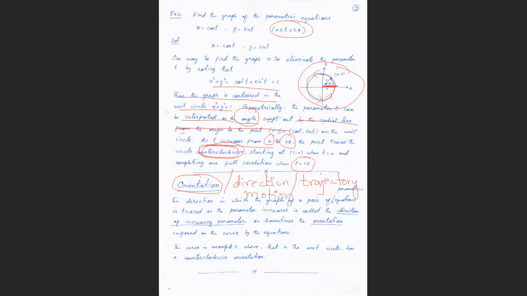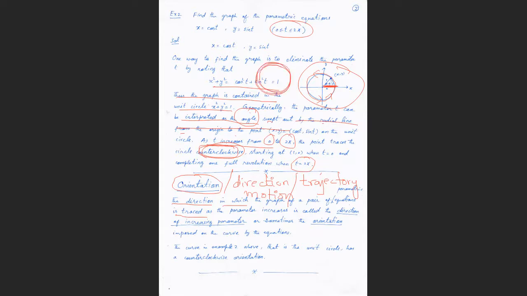How can you find the motion of a graph? It is the direction in which the graph of a pair of parametric equations is traced as the parameter increases. How the parameter moves, how the orientation moves. In this case the orientation is clockwise or anti-clockwise. So this is the orientation.